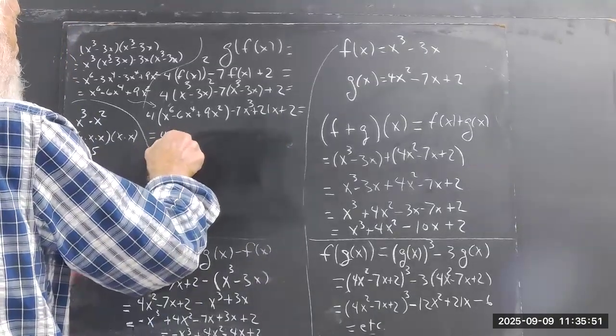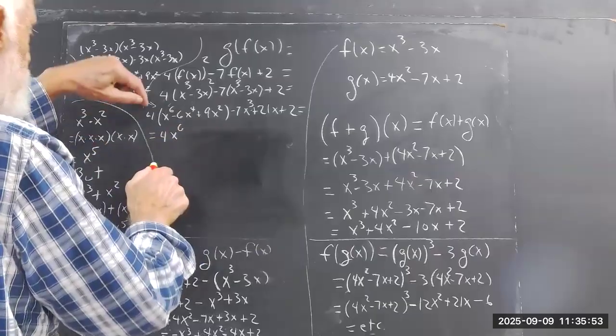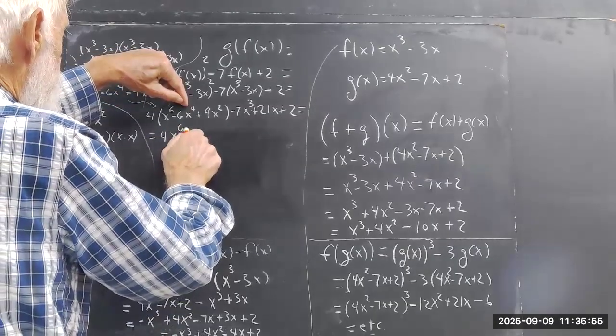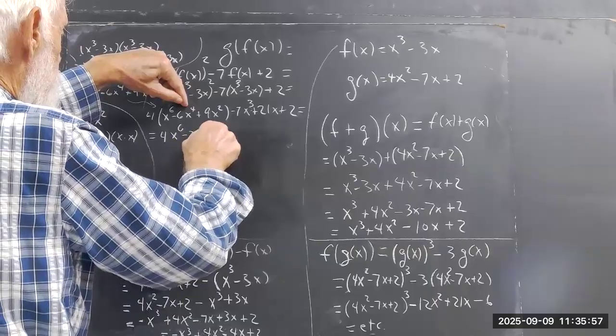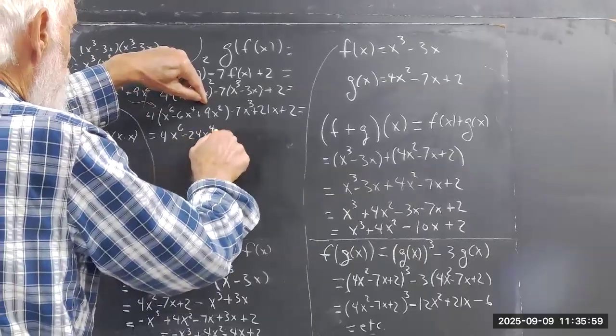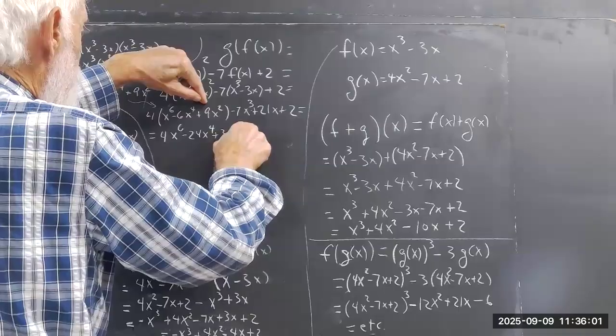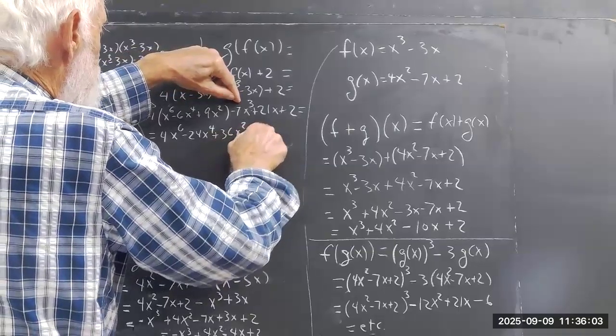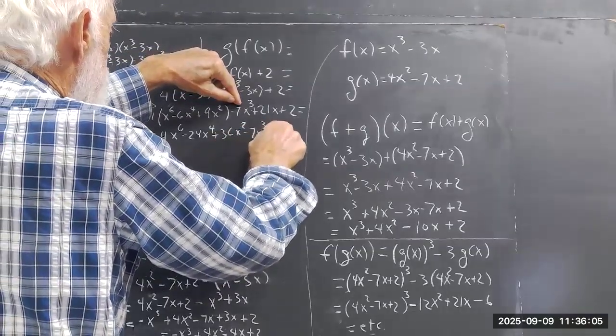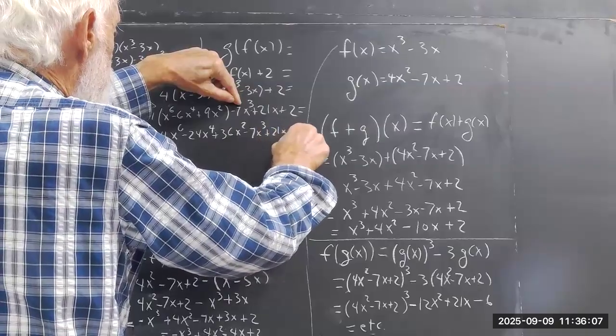We get 4 times all this. That's going to be 4x to the 6. 4 times negative 6 is negative 24, and we've got an x to the fourth there. 4 times 9 is 36. We have an x squared, and it's minus 7x cubed plus 21x plus 2.